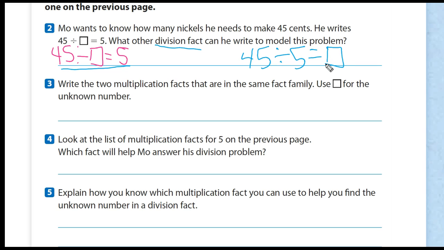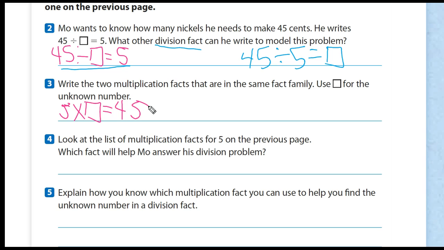It says, what 2 multiplication facts are in the same fact family? Use the square for the unknown. So I'm still using that. Now, my multiplication fact: 5 times, I'm going to use the square for the unknown, equals 45. What else can I write? How else can I write it?